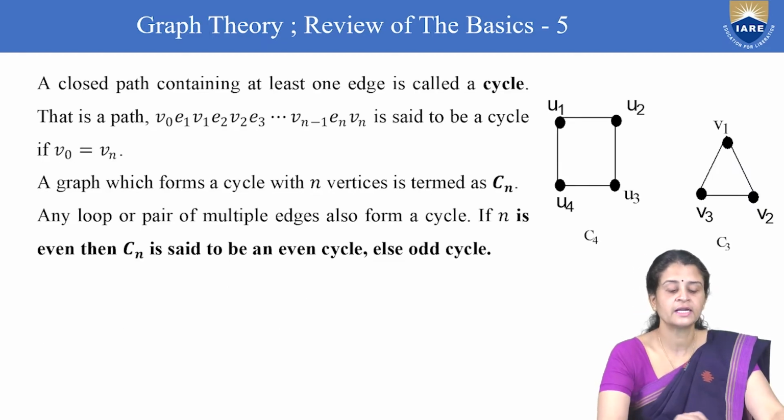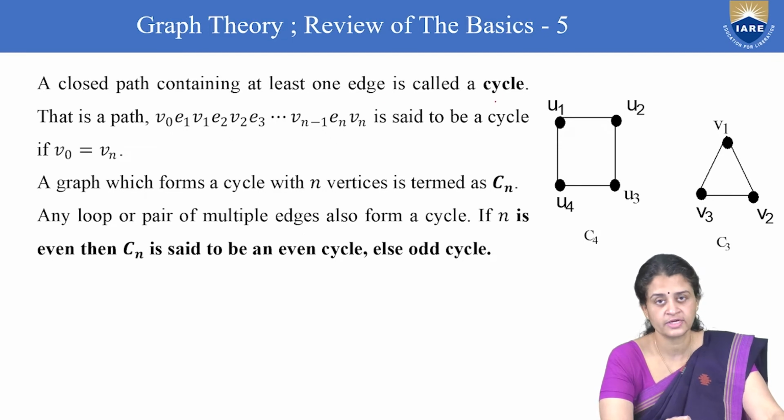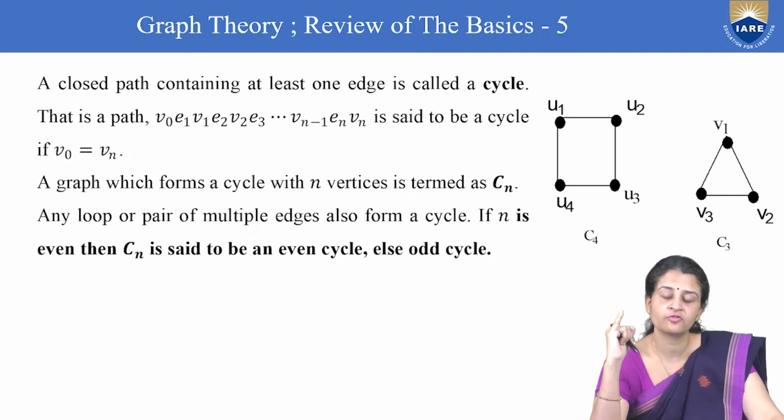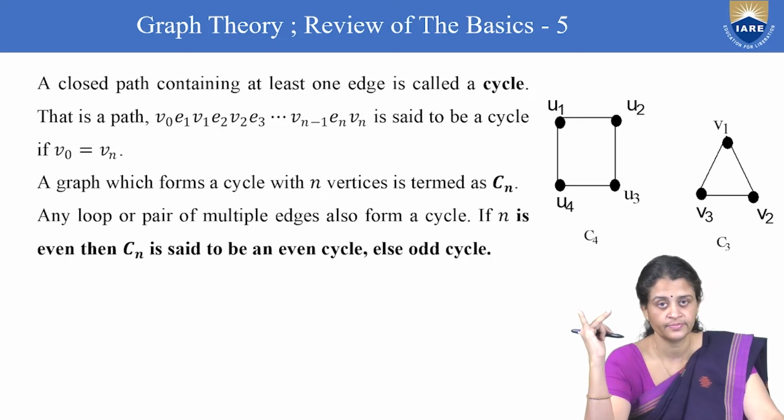A closed path containing at least one edge is termed a cycle. So we have seen what a walk is, what a path is, and if a path is closed, it is termed a cycle.